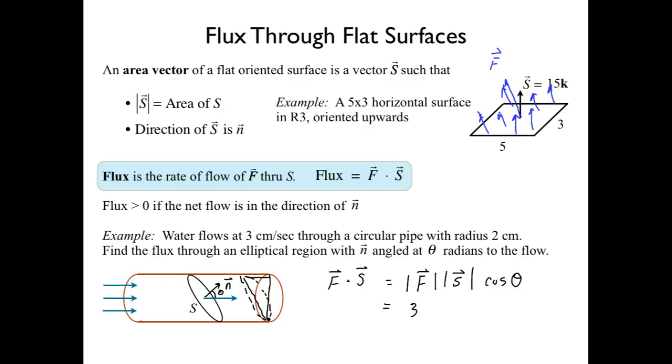So what is the area of the disk? And where's theta? Which angle is theta here? Is it the top one or the bottom one? I think it's the bottom one, isn't it?